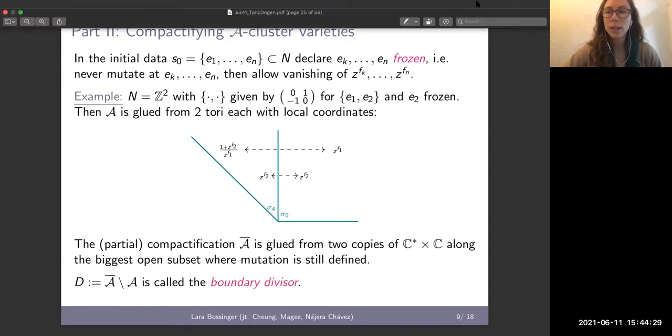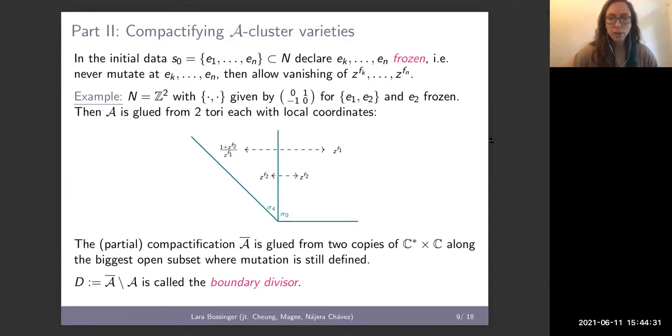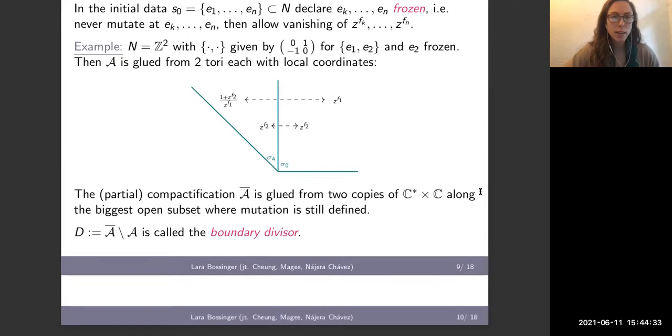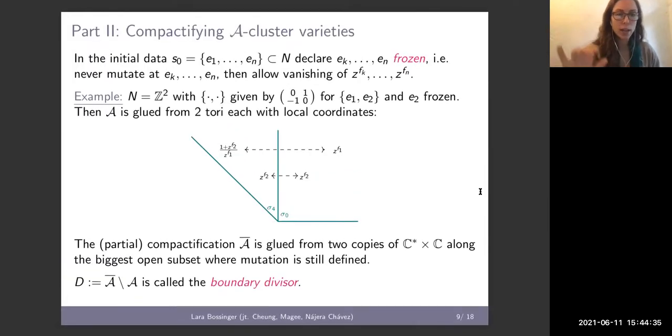So in the spirit of mirror symmetry, a compactification on one side should now give me a potential on the other side. And part of the Gross–Hacking–Keel–Kontsevich program is to give a construction of such a candidate potential.